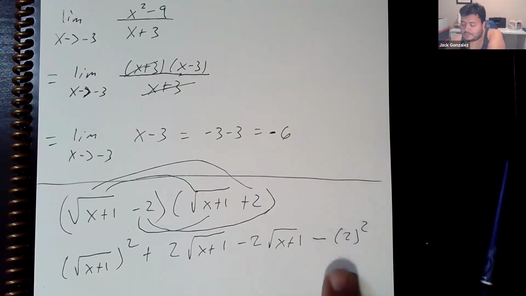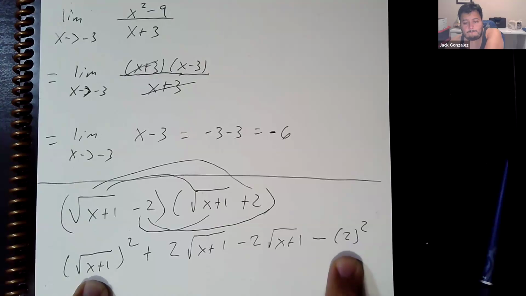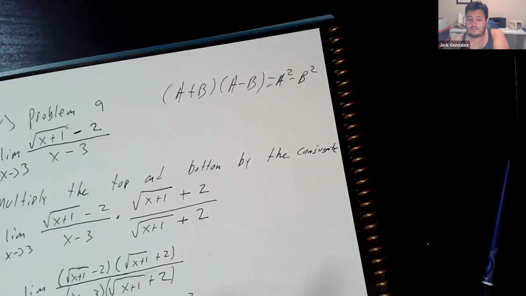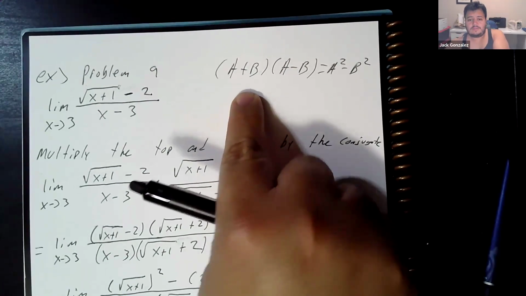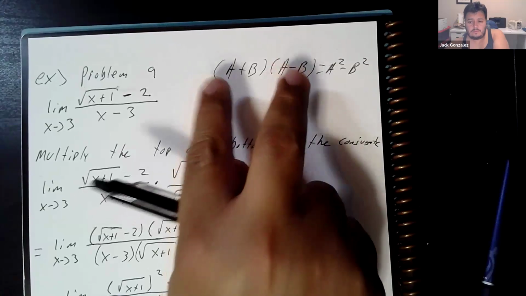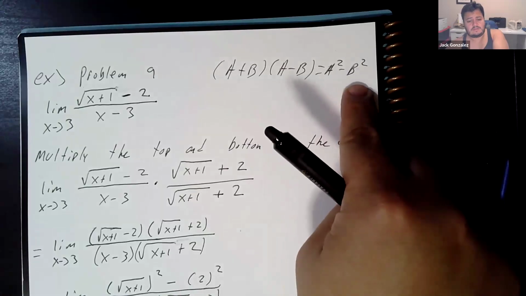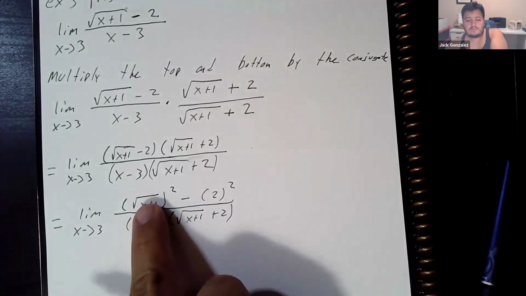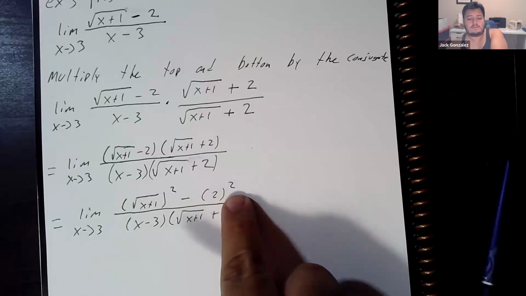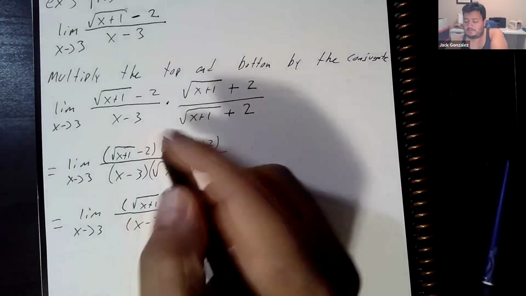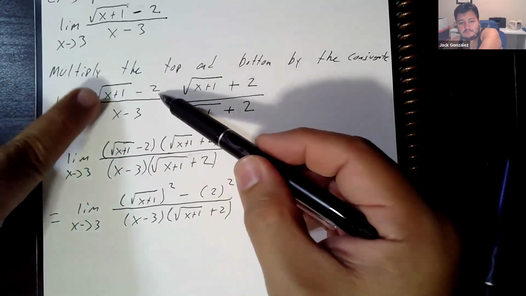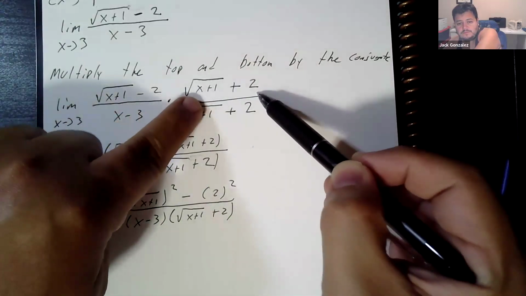So that's what we end up with, just this. But the bigger reason is because they're conjugates, so they will always turn into the first thing squared minus the second thing squared. Now I'm talking about these two things, right? You see what I'm saying?